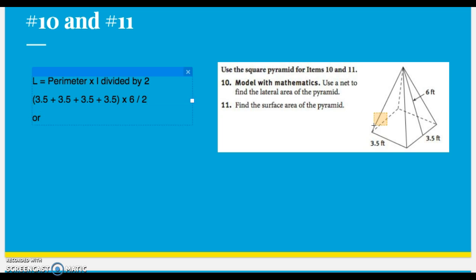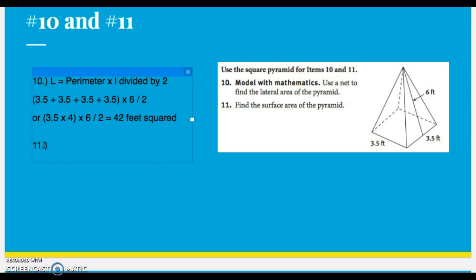Or you can do the same thing, which is 3.5 times 4 instead of adding them all together, times it by the slant height, divided by 2, and you are going to end up with 42 feet squared. All right, so that is number 10. So let's label that number 10.